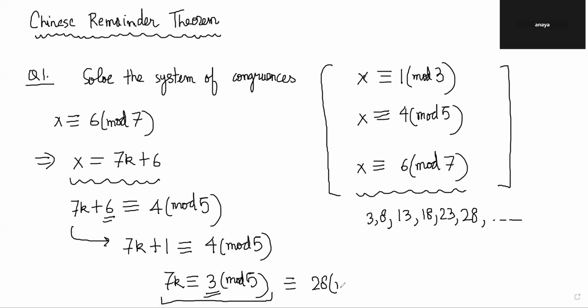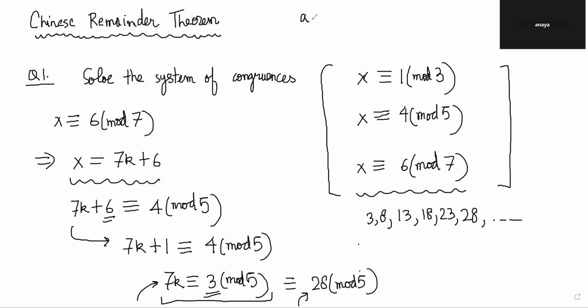So we'll write 28 mod 5 instead here. And now notice, why did I do that? Because I want to cancel 7, right? So I made a 28 which is divisible by 7. And now I realize that I can actually divide by a number on both sides as long as the thing that I'm dividing is co-prime with 5.